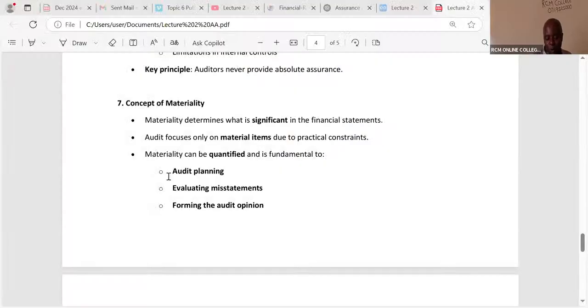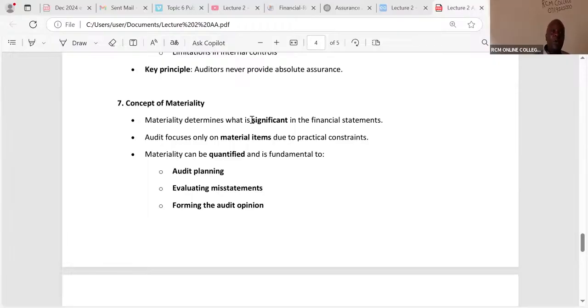Now, today I will only mention something to do with materiality, but I will not be able to compute it for you today. Today I'll not be able to show you how to compute the materiality thresholds. So remember, ladies and gentlemen, when we talk of materiality, this determines what is significant in the financial statements. There will be insignificant items and there will be significant items.